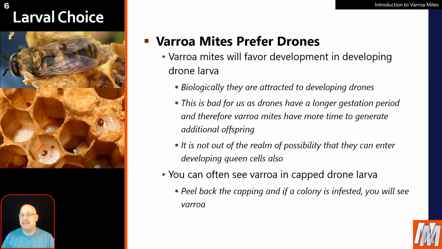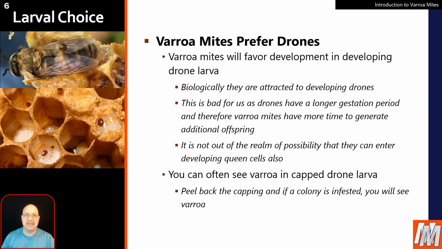When considering the fact that Varroa mites go into the larval cells, it's interesting to think about this from the broad spectrum. They can go into a queen cell, they can go into a worker cell, and they obviously do go into drone cells. It's human nature to try and say that the mites have some sort of preference.